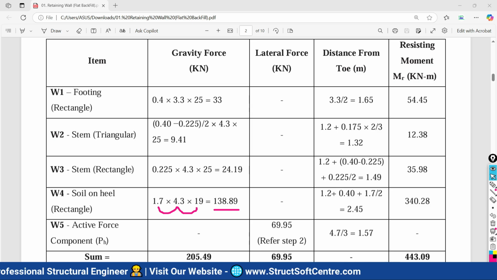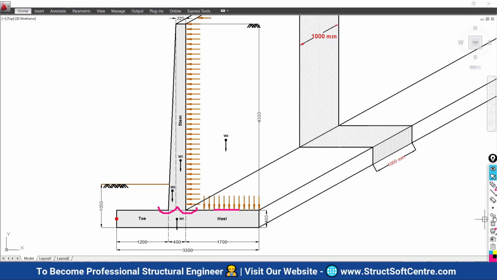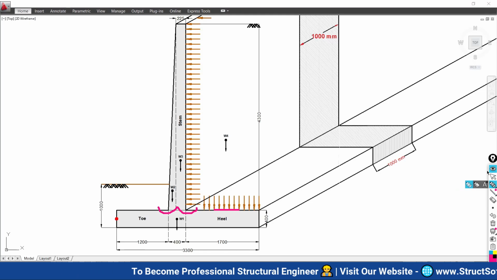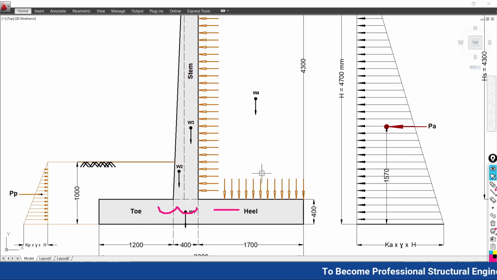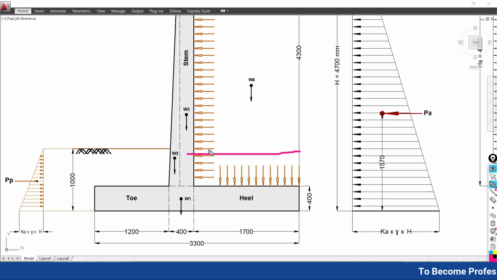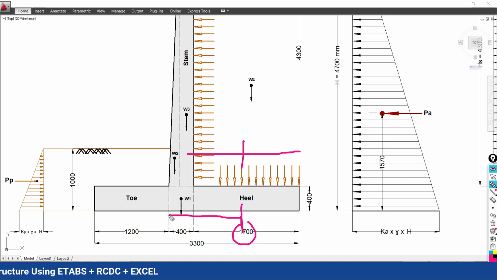Now the centroid point we have to calculate. So the centroid point of this soil, how will it be, try to understand. This is the soil. In this figure you can understand it very well. This is the soil W4. So the centroid will be half of this span, 1.7 divided by 2. So half you will get, then this 0.4 meter, then plus this 1.2 meter.